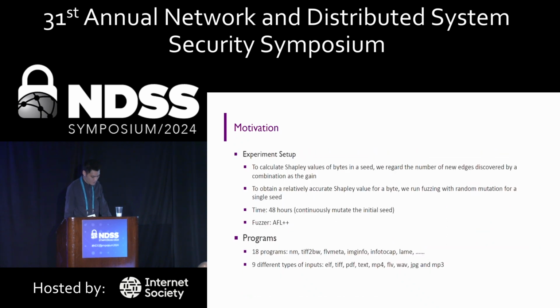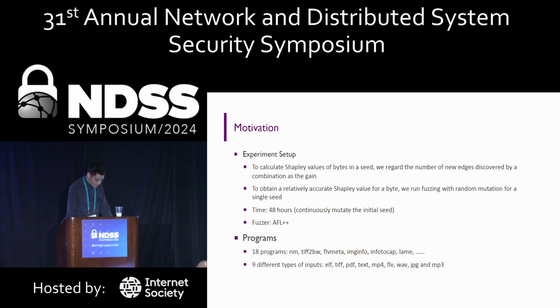As we mentioned earlier, our observation is that not all constraint-related bytes are able to discover new code, and their importance varies. Therefore, we should design experiments and conduct verification. We utilize the Shapley value to analyze the combination of bytes. To calculate Shapley values of bytes in a seed, we regard the number of new edges discovered by a combination as the gain.